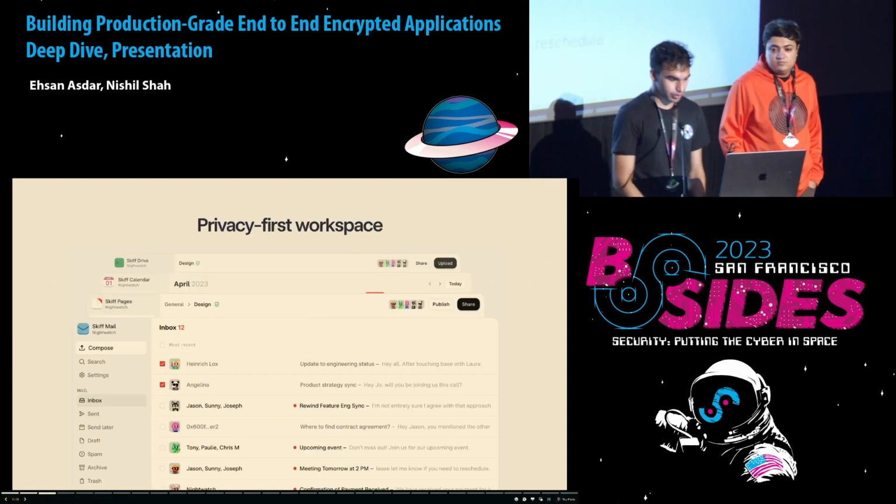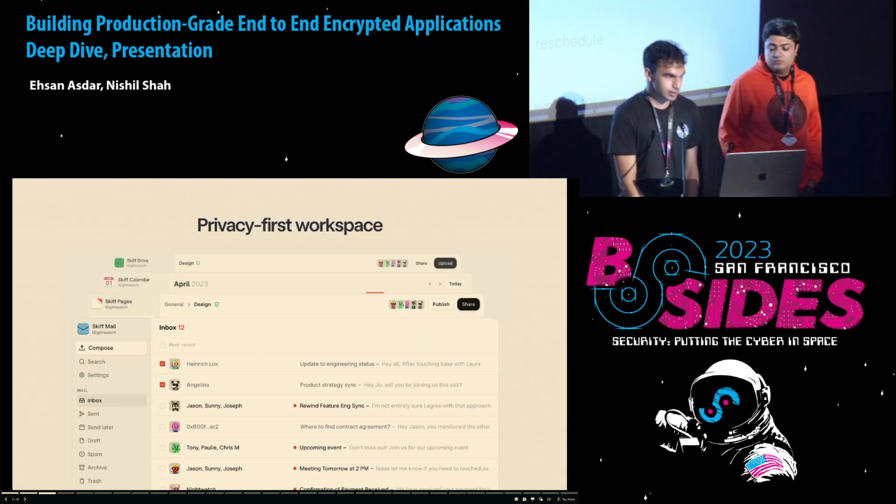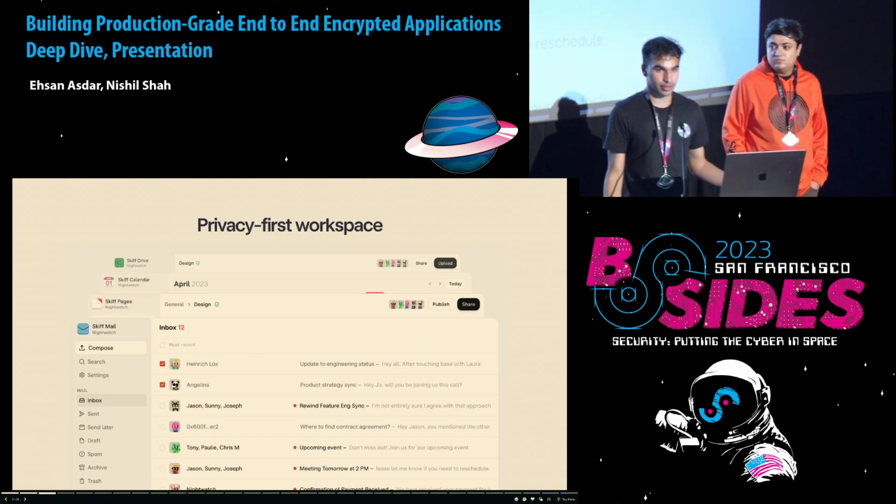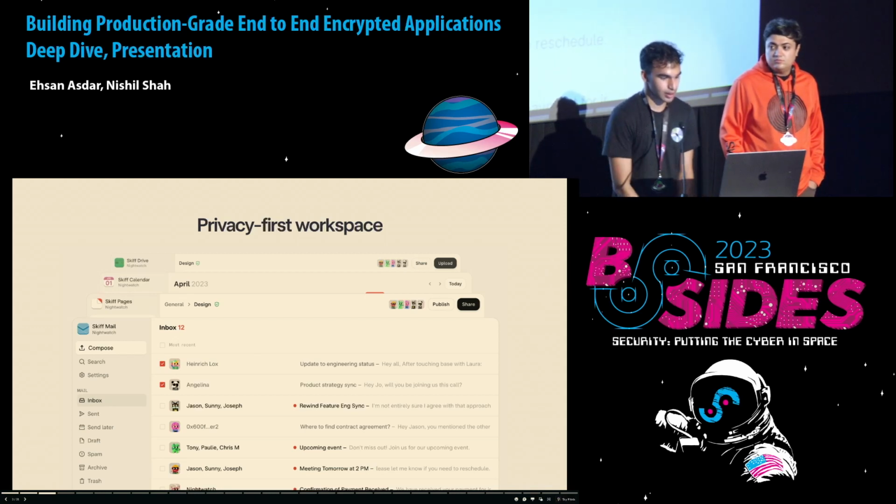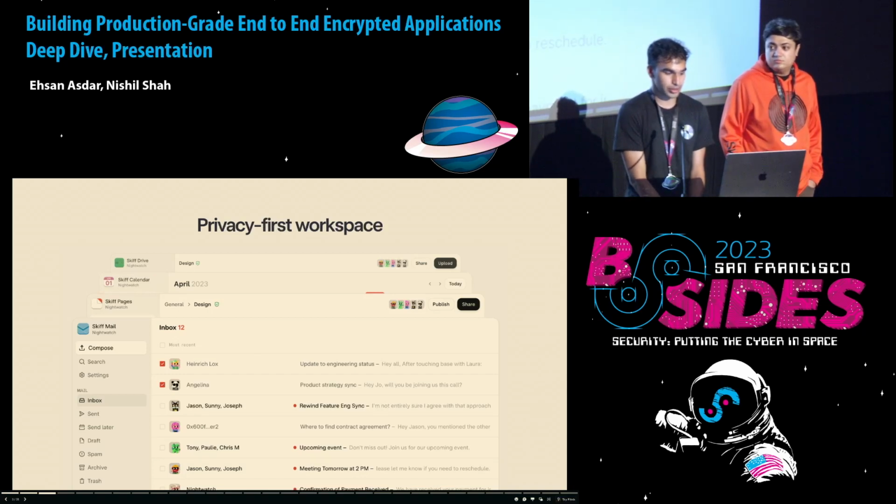Just to give a brief background about what Skiff is, we're not going to talk too much about Skiff during the presentation, but we want to give a bit of motivation for why we're speaking about this. Skiff is a privacy-first workspace, we say for the next generation of the internet, with end-to-end encryption built in by default.